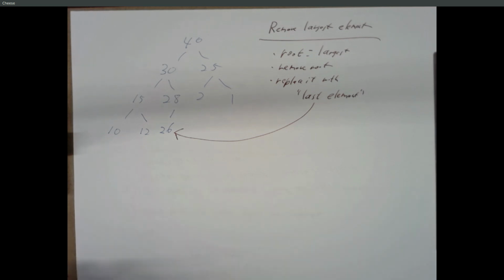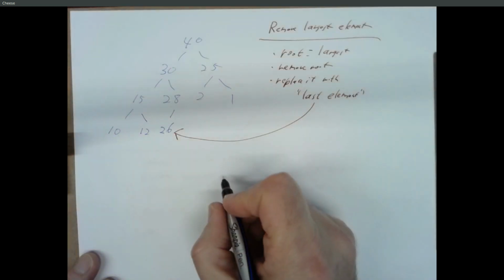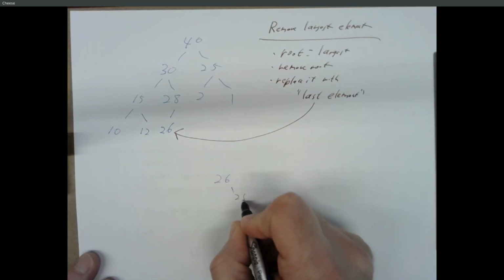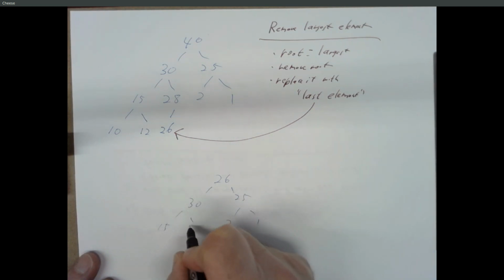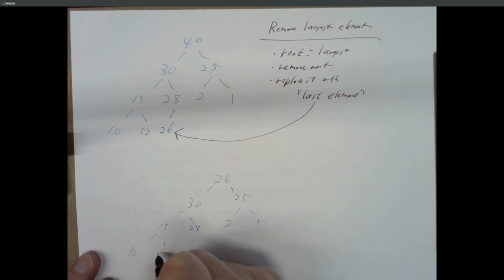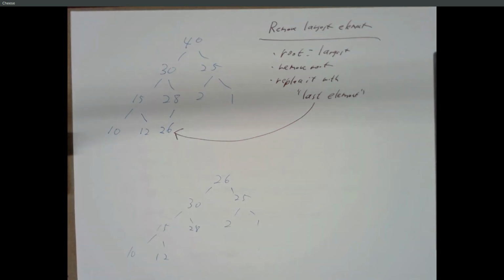So we're going to come up with a new structure where the root is now 26, 25, 2, 1, 30, 15, 28, 10, and 12. Now it still has the right shape for a heap. Completely filled in except the bottom row, which is filled in from left to right. But it potentially violates the heap property. In fact, right at the root, 26 is not bigger than both children.